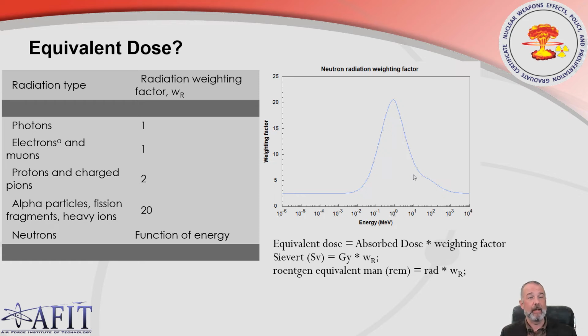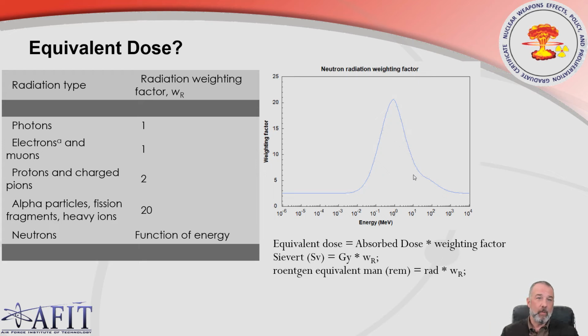If you remember from the charged particle interactions, they go through a material and they're just basically smacking electrons off left and right. Those electrons then go on and further ionize other materials. This ionization process creates a whole bunch of different effects, and that can be very damaging to both inorganic materials and also organic materials.